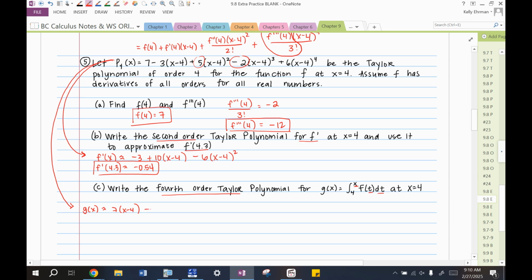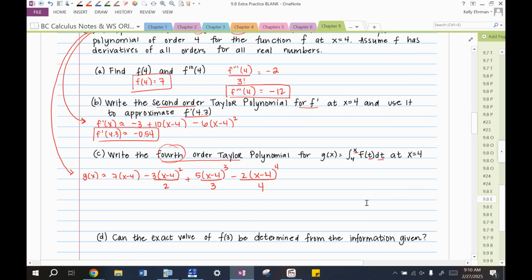And then this will become minus 3 times x minus 4 to the second, and you divide it by its new exponent, which is 2. And then this will be plus 5 times x minus 4 to the third. And now that's over 3. We have to get up to fourth order, so fourth degree for this one. Minus 2 times x minus 4 to the fourth over 4.